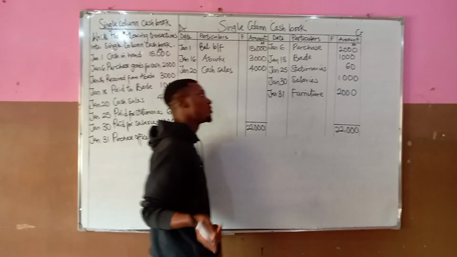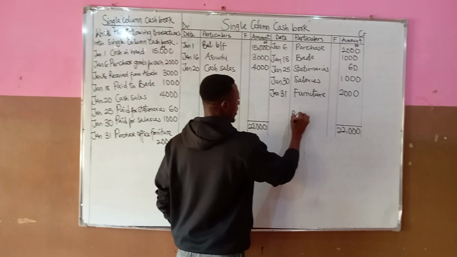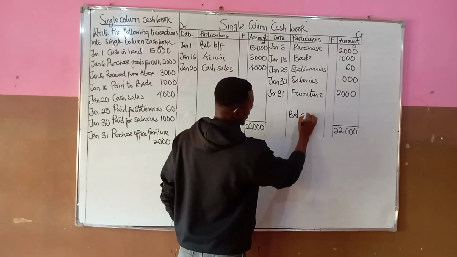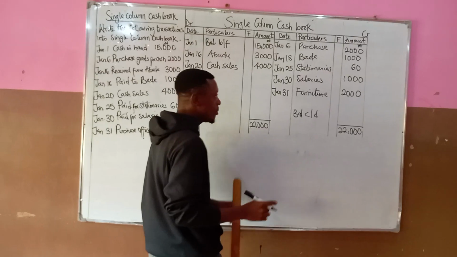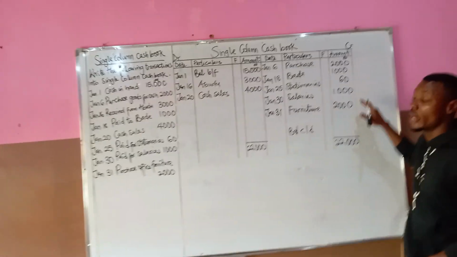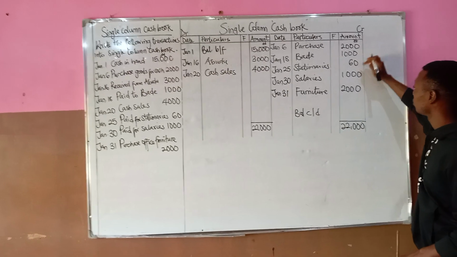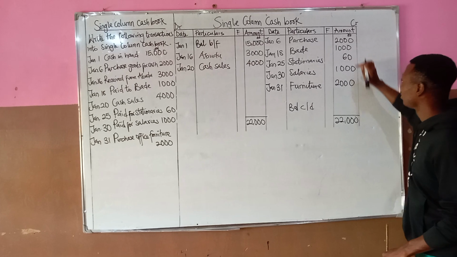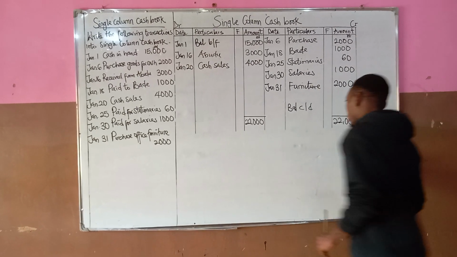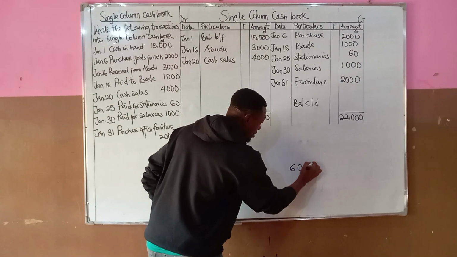So in our next accounting year, or our next trading year, this will be our balance carried down. To find the balance carried down, we add all the expenses we incurred within this accounting year, which is 2,000, 3,000, 4,000, 6,000, 6,060. So our expenses are 6,060 naira.